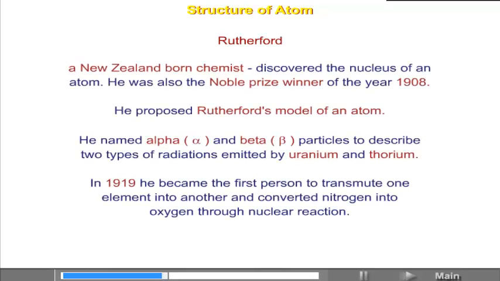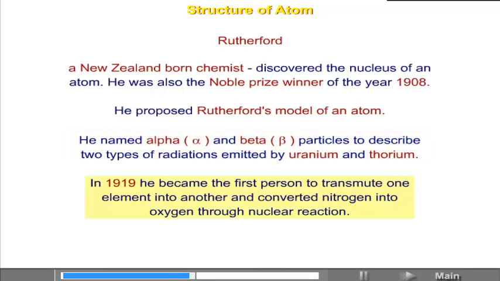Rutherford, a New Zealand-born chemist, discovered the nucleus of an atom. He was also the Nobel Prize winner of the year 1908. He proposed Rutherford's model of an atom. He named alpha and beta particles to describe two types of radiations emitted by uranium and thorium.